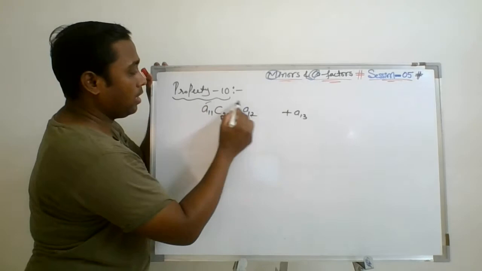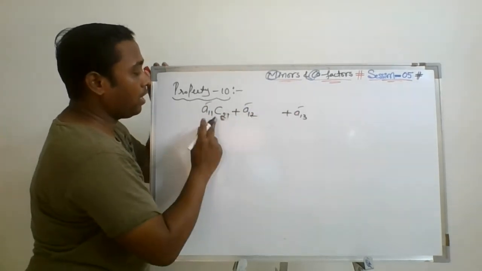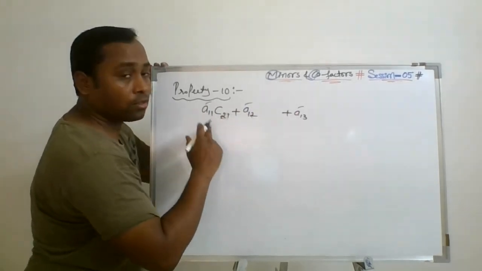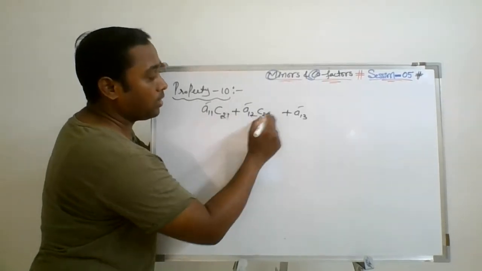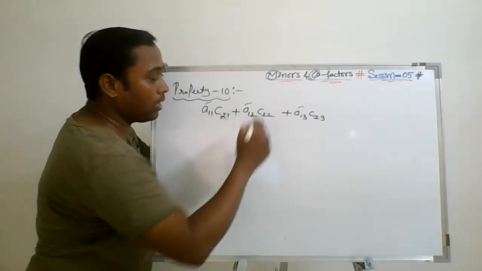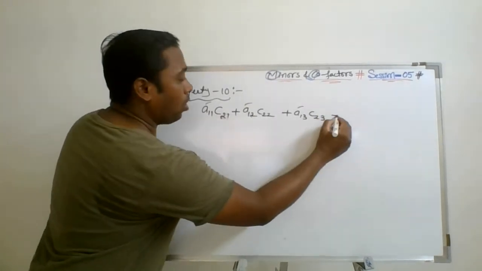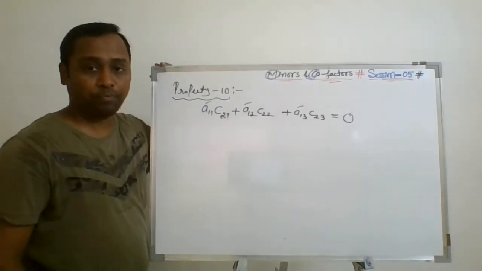These are the elements of row 1. Now the cofactors are taken as row 2 cofactors: C21, C22 and C23. If you do like this, you will always get the answer as 0.